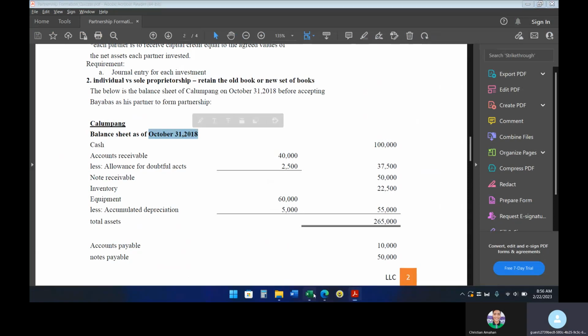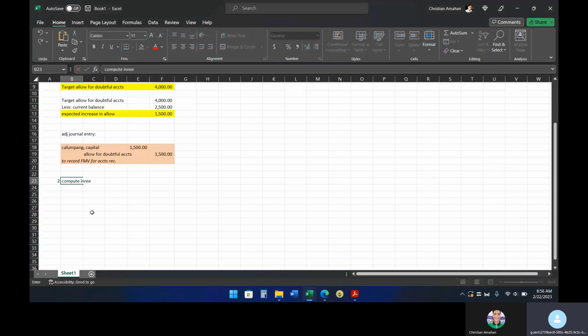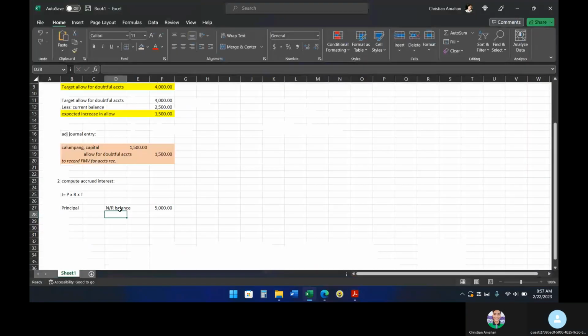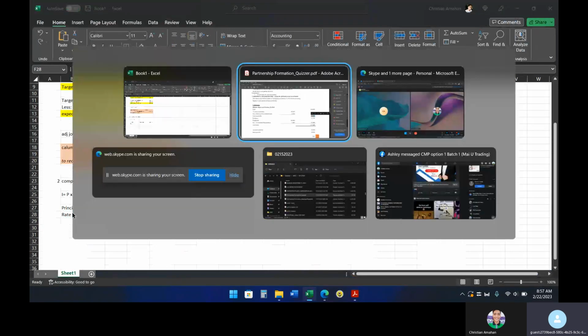Now, first is to compute interest, accrued interest. So kahibaw man ta nga ang interest is equal to principal times rate times time. No, mao man na siya ang ato ang simplified computation for simple interest. No, in this case, our principal is ang notes receivable balance nga 50,000. Our rate of interest is, of course, ang kaniyang gihatag diri nga 8%.